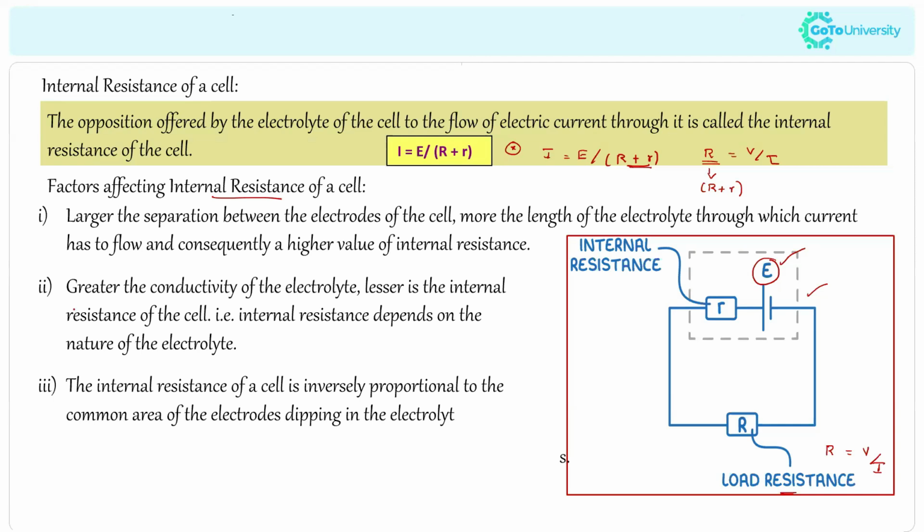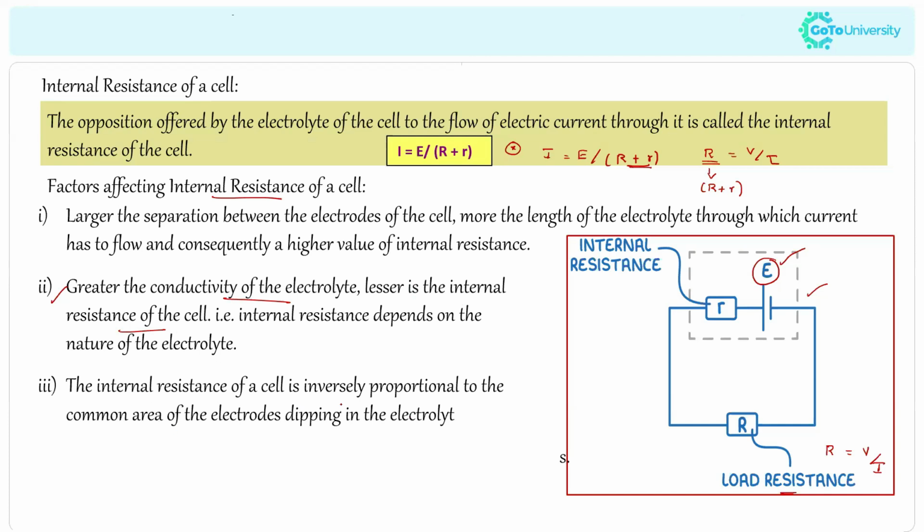The second factor is based on the conductivity of the electrolyte. If there is greater conductivity of the electrolyte, there will be lesser internal resistance of the cell, which means the internal resistance depends on the nature of the electrolyte. The third factor is about the area.